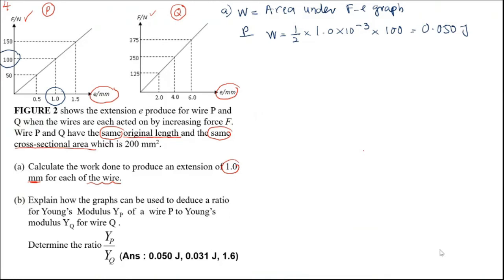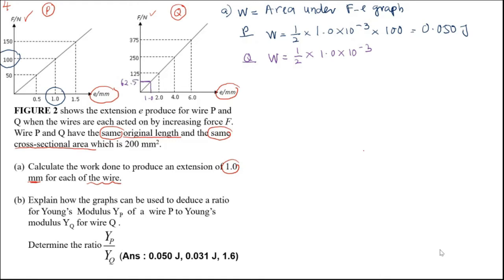And then for wire Q, the work done also can be determined by calculating the area under the FE graph, where we have 1/2 times the elongation of 1.0 millimeter given in the question, so 1.0 times 10 to the power of negative 3. Because that one is a straight line graph, the force that we need to apply is 62.5.